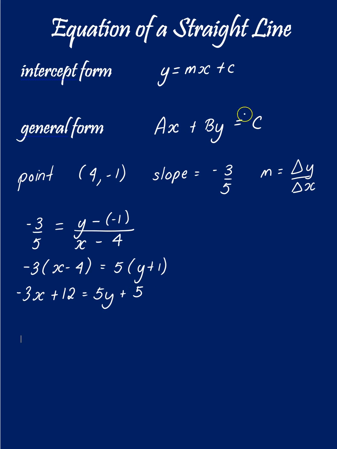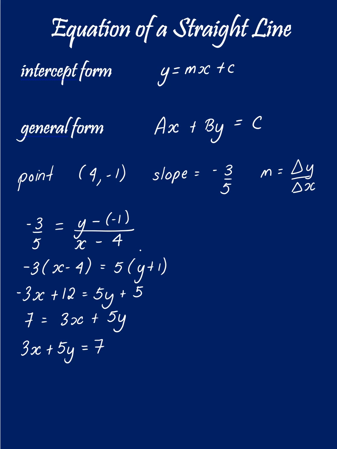We want to put it in this form here. If I bring the 5 over, 12 take 5 gives me 7. The 3x goes over here, giving 3x + 5y. If you think that looks a bit funny, we like everything on the left, so that's the same as 3x + 5y = 7. Pretty simple. We get rid of the fractions after the first line.